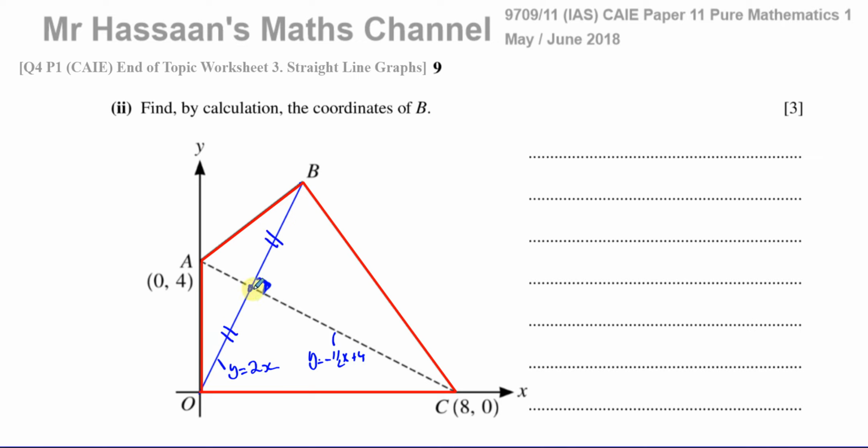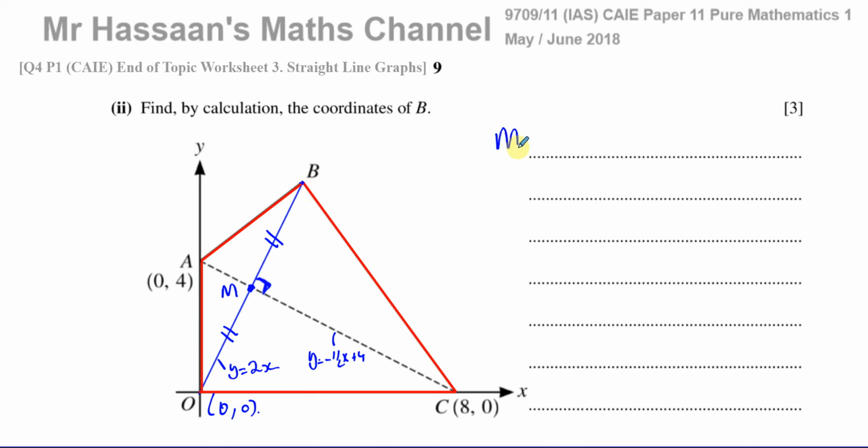So this point here, I'm going to call it M. This point here is the midpoint between O and B, and we know O has coordinates, of course, 0, 0. So if we can find the coordinates of M, we can then find the coordinates of B. We can find the coordinates of M because we know the equation of these two lines, AC and OB.